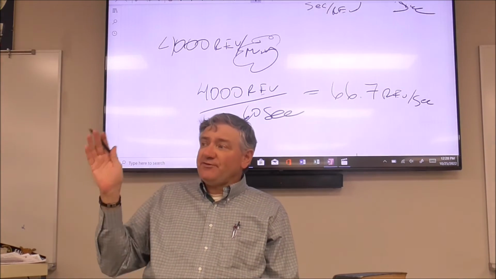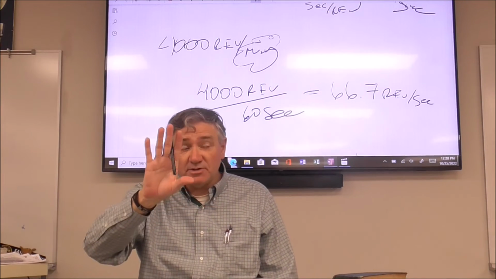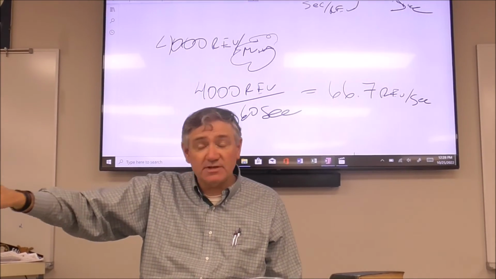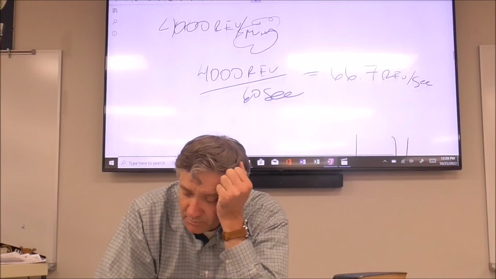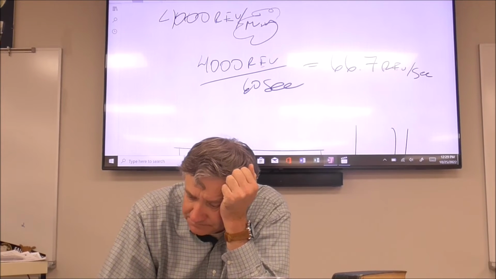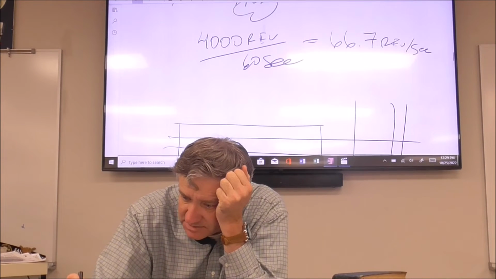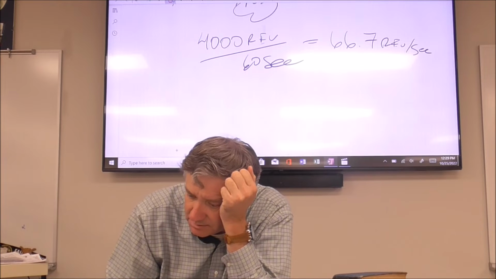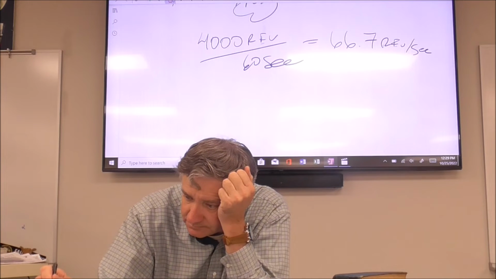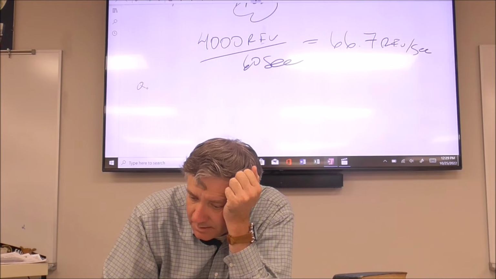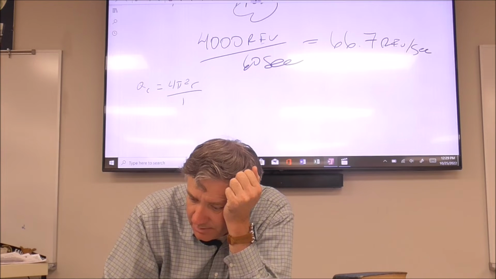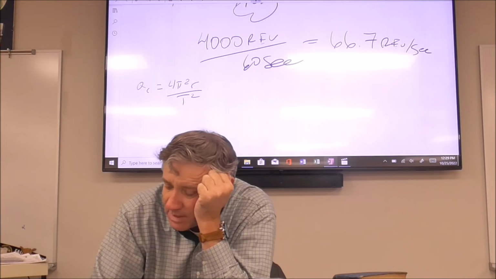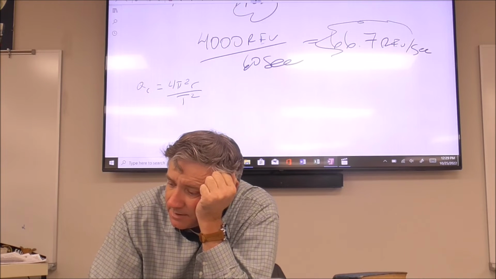Now I'm going to show you both ways you can work this problem. How you do this is up to you. It's whatever feels most comfortable for you. So one option is that you go, well, we know that centripetal acceleration is 4 pi squared r over T squared. But here's the problem.